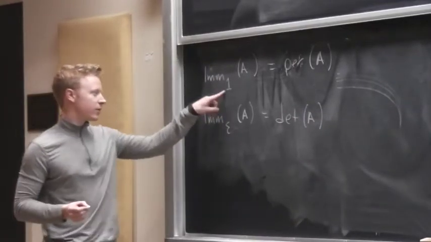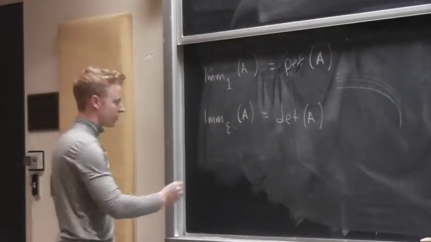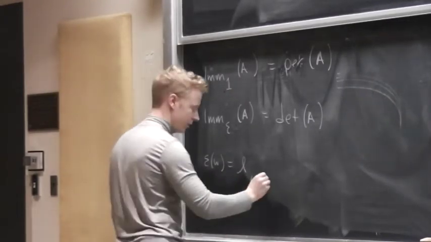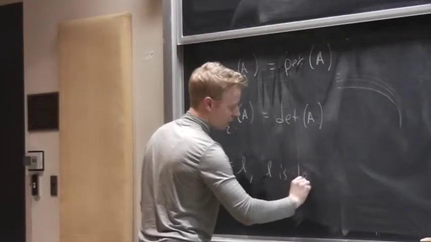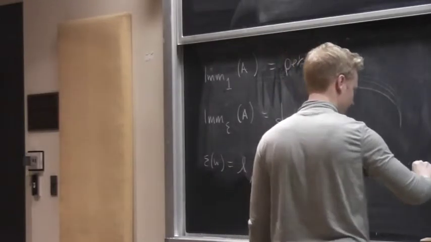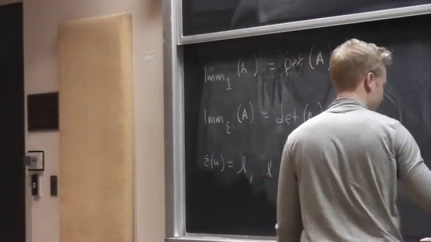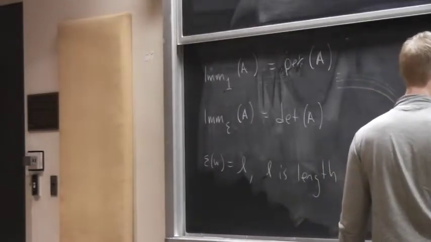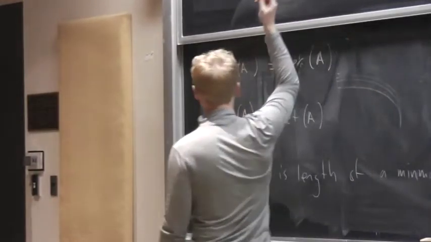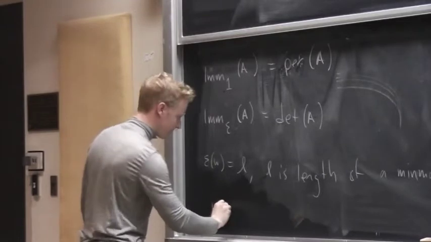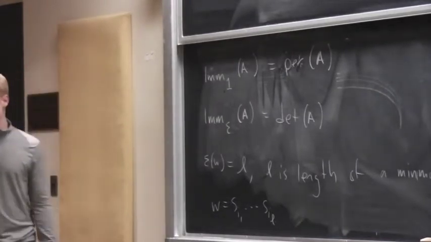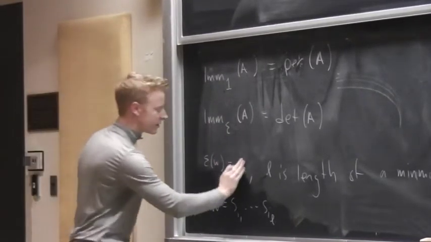Here the first is just the constant function 1, and this is the sign of a permutation, so sign of w is equal to (-1)^l, where l is the length of a minimal or reduced expression in these generators. So (-1) to this is the sign.